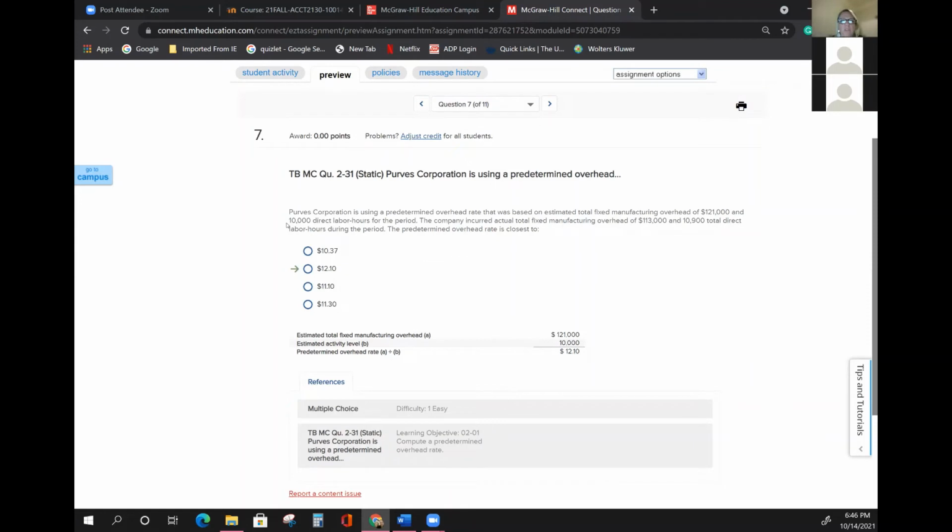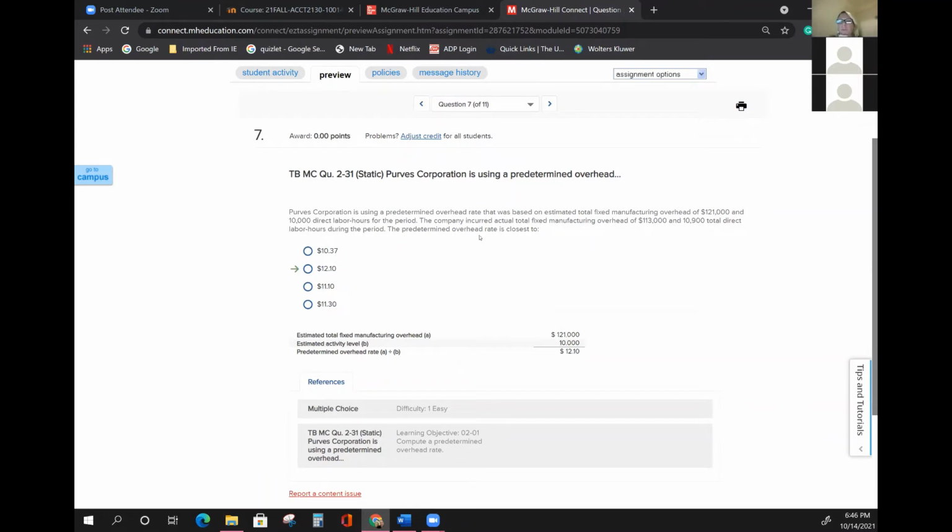Okay, Pervs Corporation is using a predetermined overhead rate that was based on estimated total fixed manufacturing overhead of $121,000 and 10,000 direct labor hours for the period. The company incurred actual fixed manufacturing overhead of $113,000 and 10,900 total direct labor hours during the period.